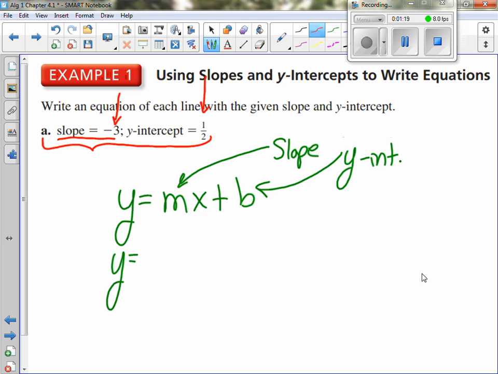We'd have -3 times x, because we're plugging in -3 for m, so I'd have -3x plus, what is the value of b? What is the value of our y-intercept? 1/2, so it'd be plus 1/2.